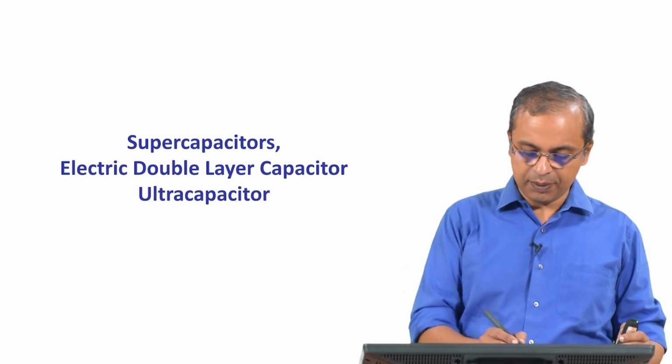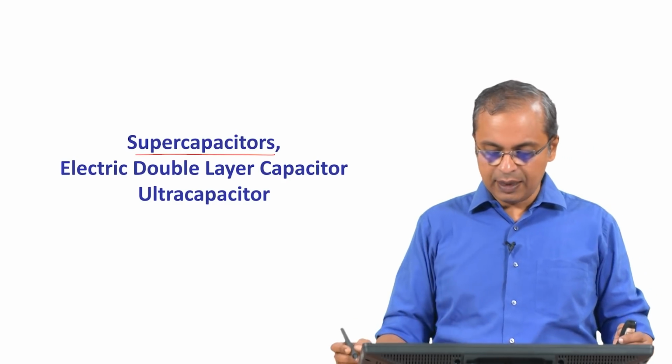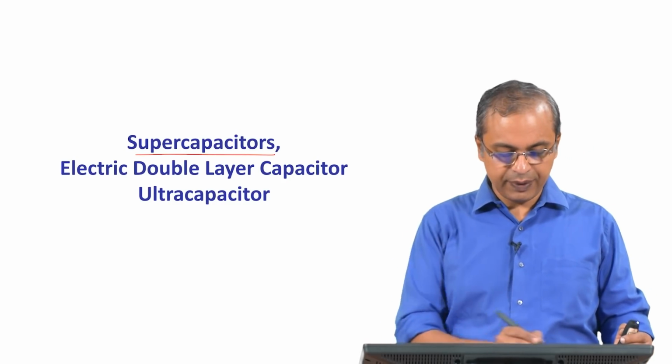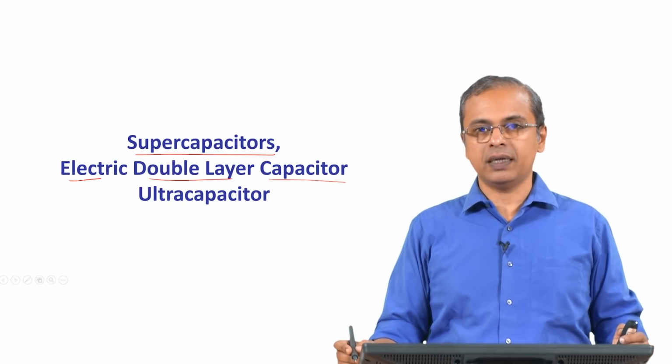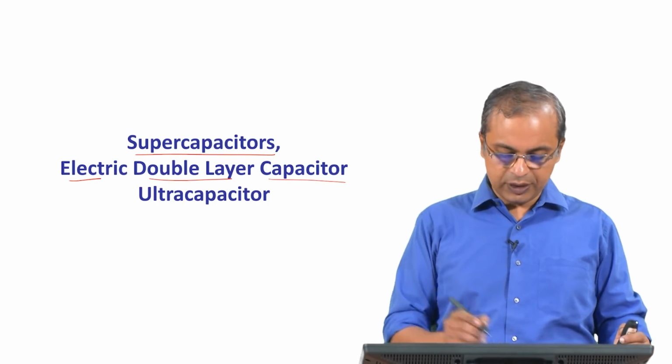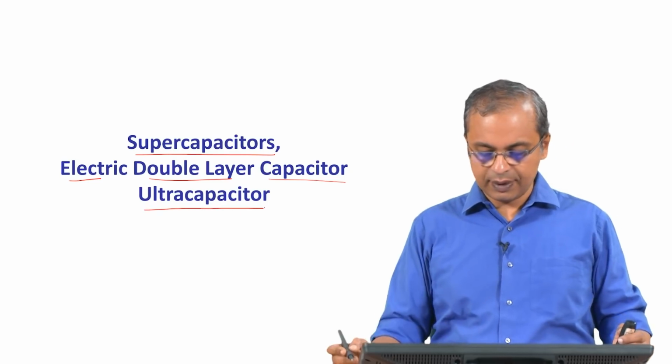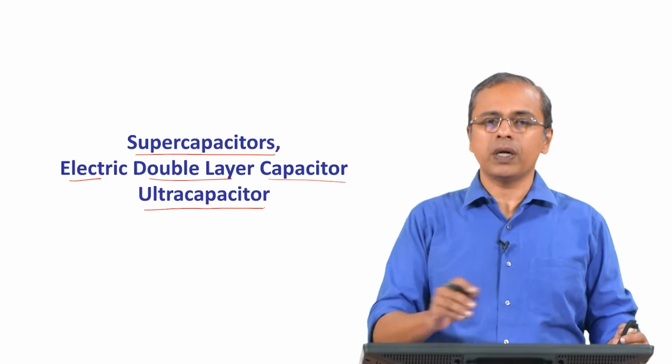You will see the term supercapacitor. You also see the term electric double layer capacitor, and you also see the term ultra capacitor. These are terms over and above just a capacitor.